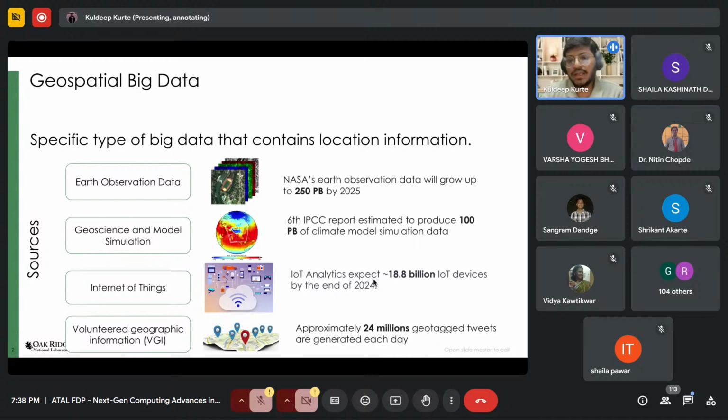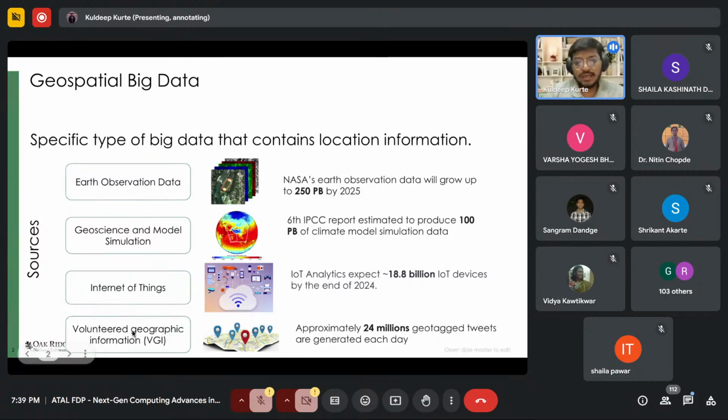As per an IoT analysis by one particular report, it is estimated that by the end of 2024, meaning this year, the total number of connected IoT devices will reach around 18.8 billion. That is a lot of data, and all those IoT devices are physically located, so they have a location. The data being generated will be geospatial in nature.